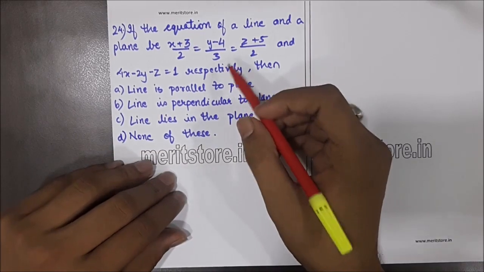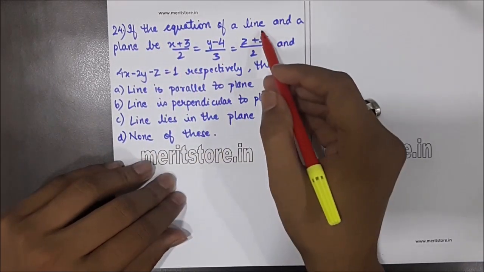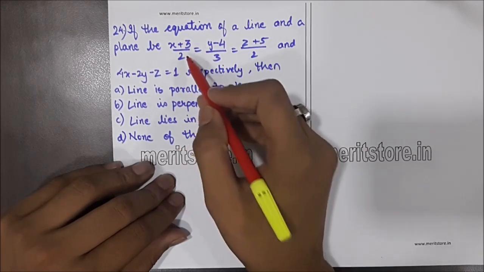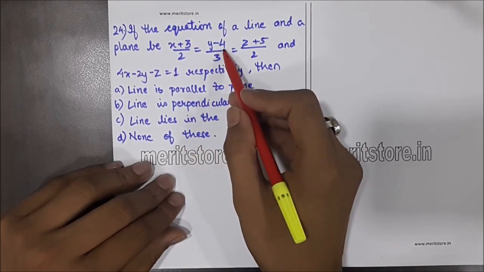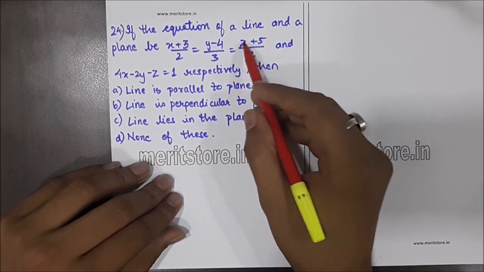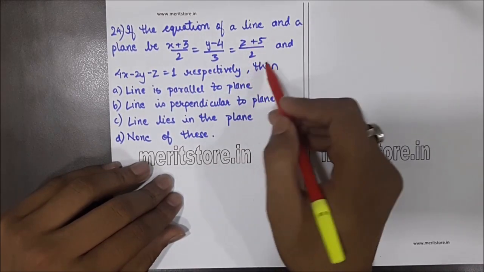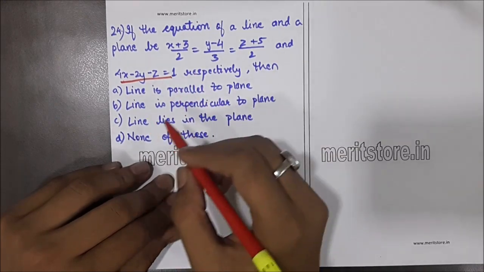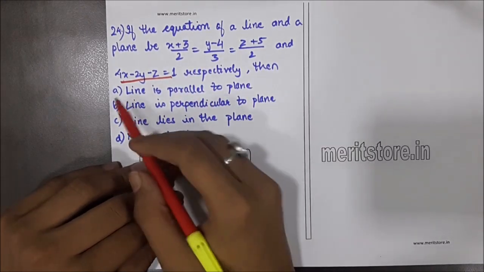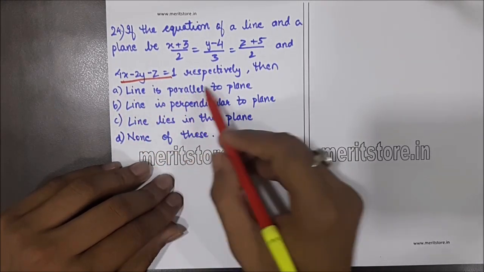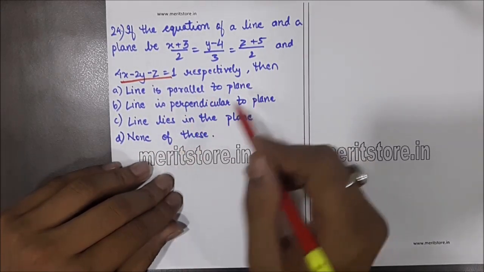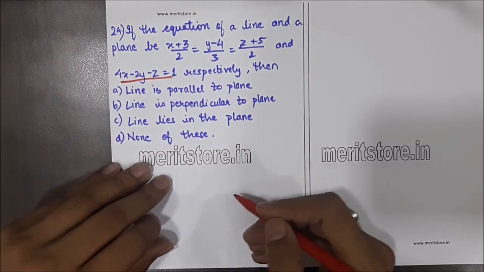Question number 24. If the equation of a line and a plane be (x + 3) upon 2 equal to (y - 4) upon 3 equal to (z + 5) upon 2, and 4x - 2y - z = 1 respectively, then the line would be parallel to the plane, perpendicular to the plane, lies in the plane, or none of these.